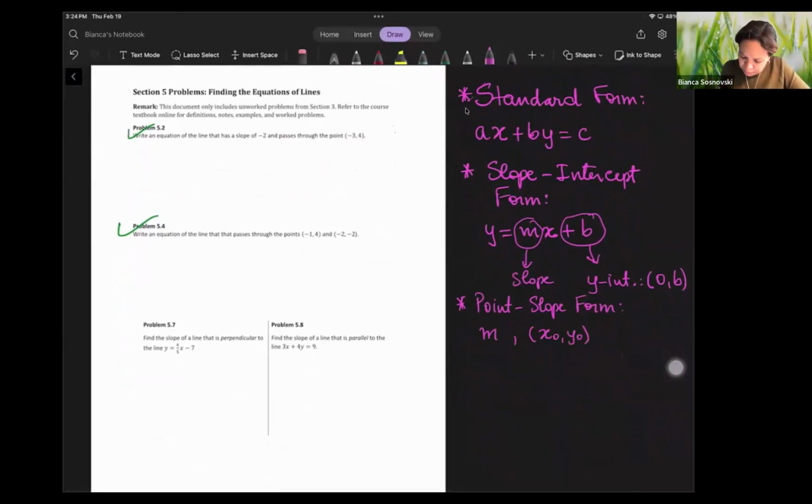The form can be written as y, the variable, minus the y value of the point equals the slope times the variable x minus x0, the coordinate of the point. Okay? So this is another way of writing the equation. The slope-intercept form and the point-slope form are primarily the forms that we use to write the equations of a line.